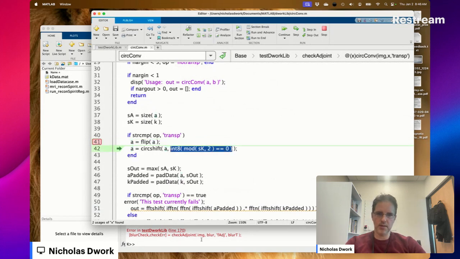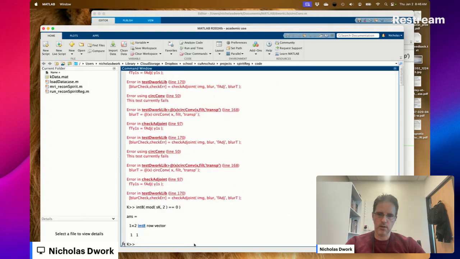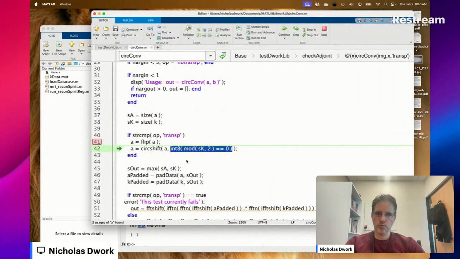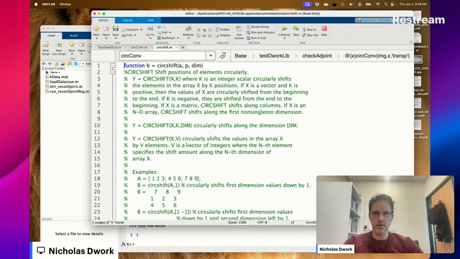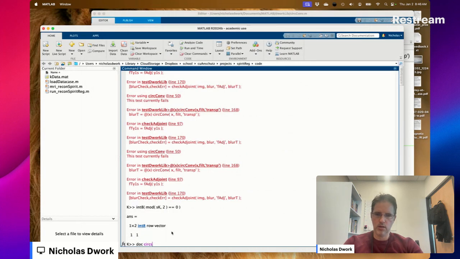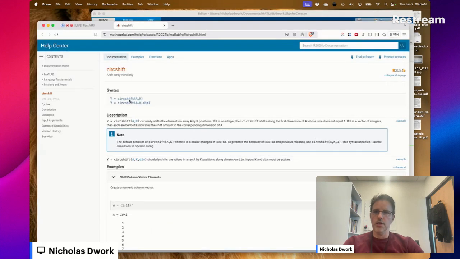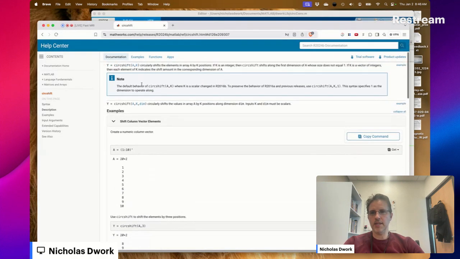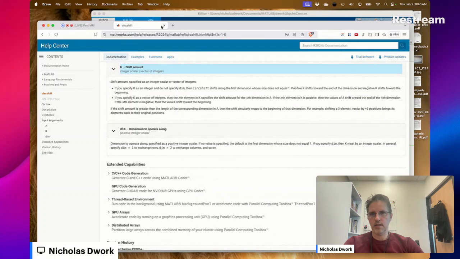I'll bet you this gives me an array of ones. I don't know why I needed that instead of just doing this. I'll bet you because it requires circ shift A to pass in an argument of. That's interesting. I didn't make circ shift, right? No. So you could just give it an array, an amount to shift in each dimension. Okay.